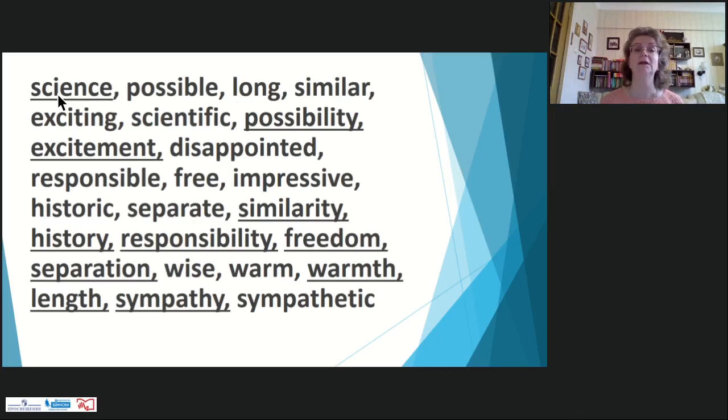All the nouns are underlined here. Let us pronounce them again. Say after me. Science. Possibility. Возможность. Possibility.